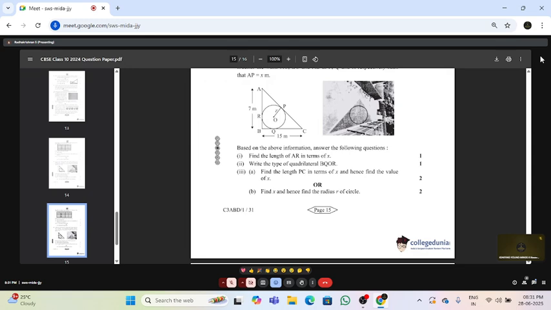PC equal to QC equal to 8 plus x. So equate the two: root of 274 minus x equal to 8 plus x.